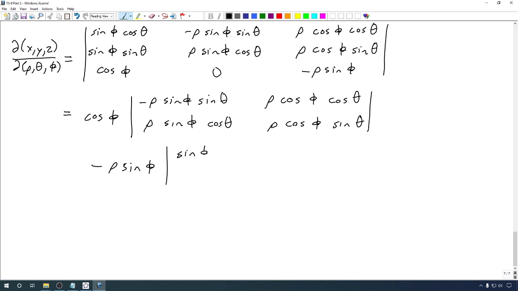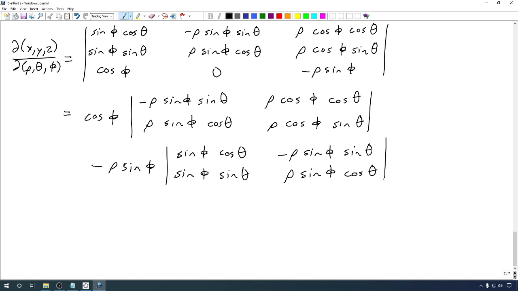So you have a sine phi cosine theta, here we have a sine phi sine theta, we have a negative rho sine phi sine theta, and a rho sine phi cosine theta. Now each of these is a 2×2 determinant. We have to evaluate them. Remember, that's just: we take the diagonals, multiply them together, and subtract.